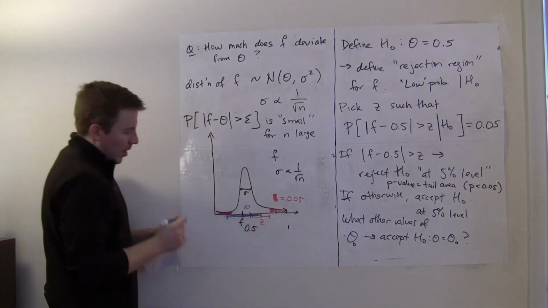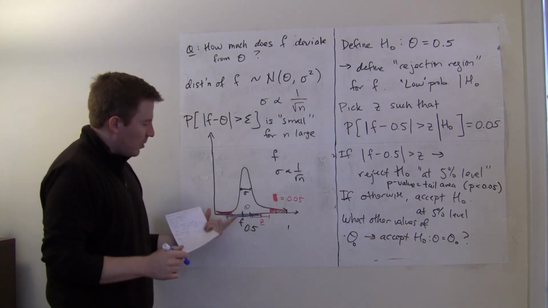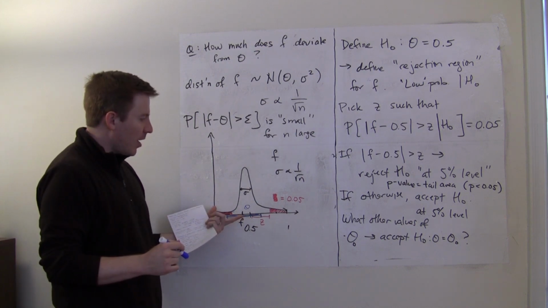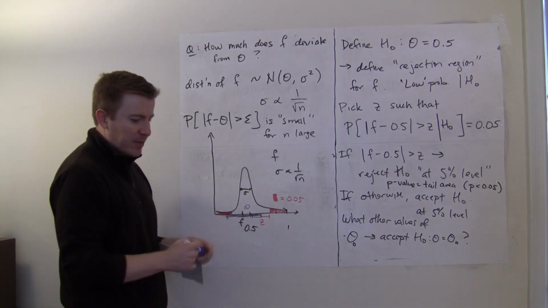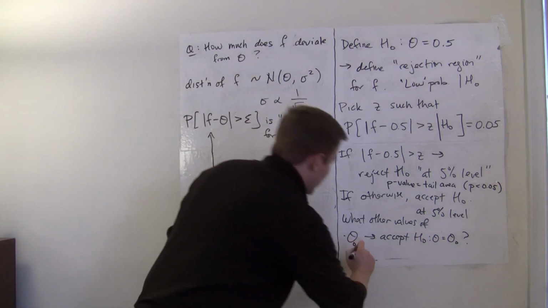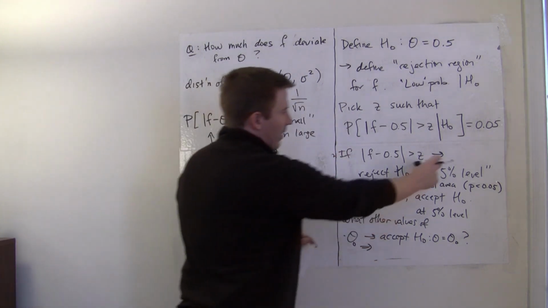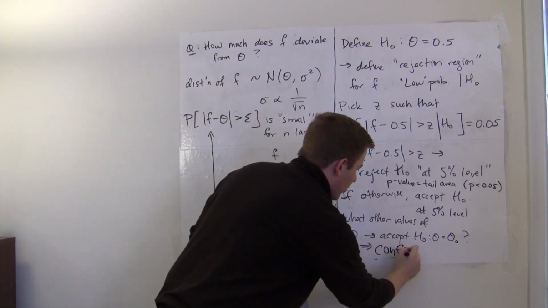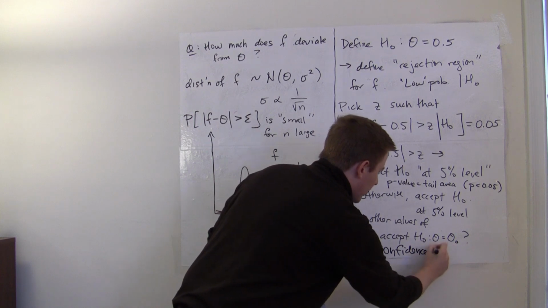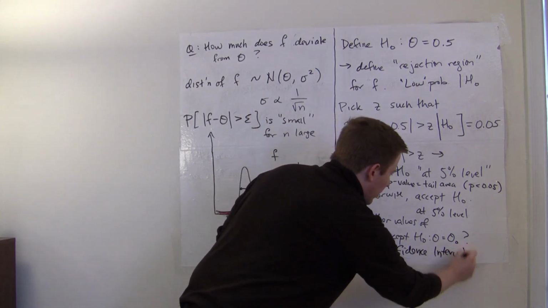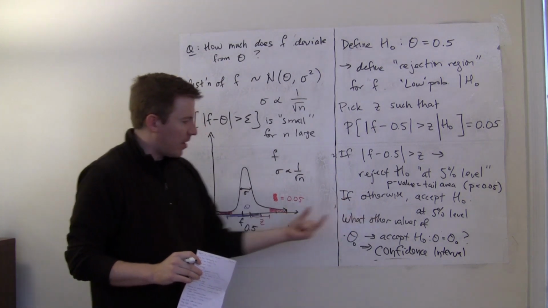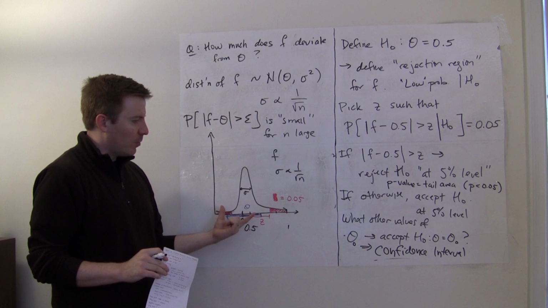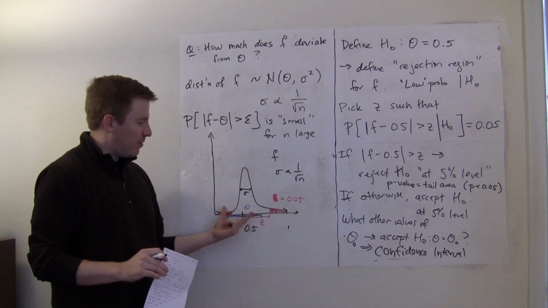Those would be the values for which we would not reject the null hypothesis that theta had that value, and this is what's called the confidence interval. Having chosen this 5% significance level, if we imagined doing this over and over again, and asking for what values of theta we would not reject this hypothesis, that becomes what's called the confidence interval for theta.